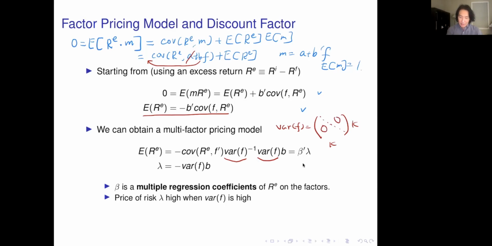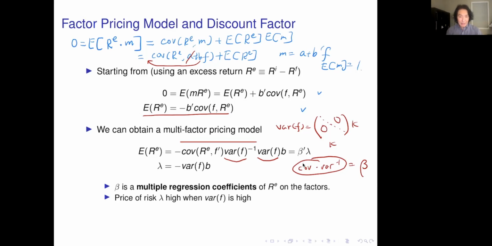And this term, the covariance times the inverse variance of F, is again the regression coefficient, or beta. That is the beta for the multiple regression case. So beta is the vector of multiple regression coefficients of excess return on the factors.